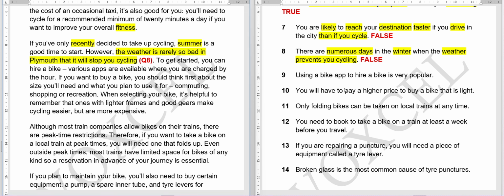Moving on to the ninth question. Using a bike app to hire a bike is very popular. So now they're talking about an app, to hire a bike, like Uber, something like that, and it's very popular.